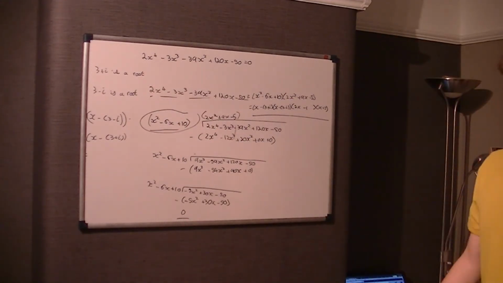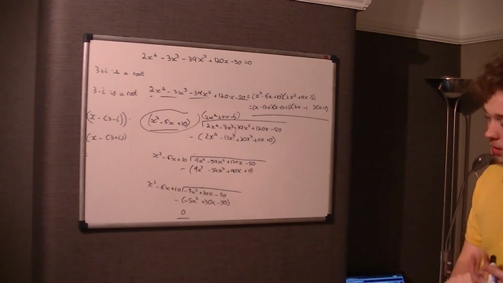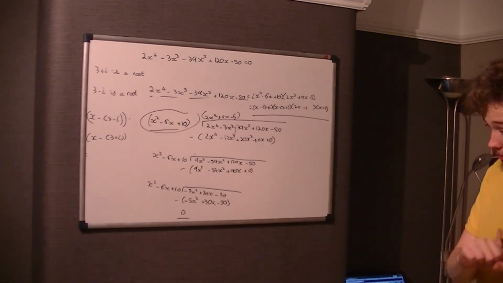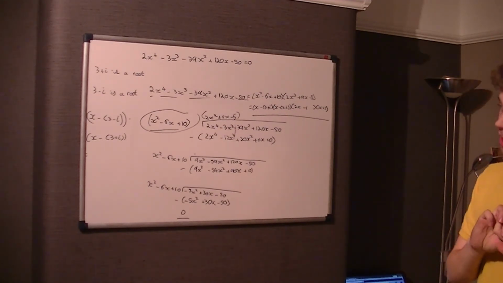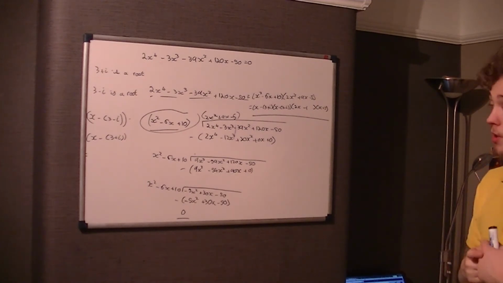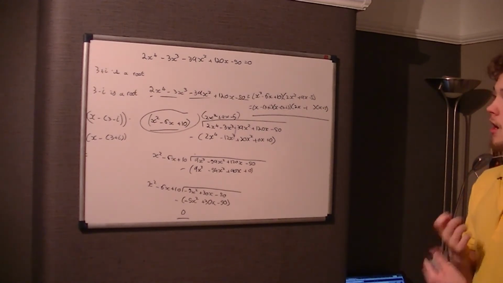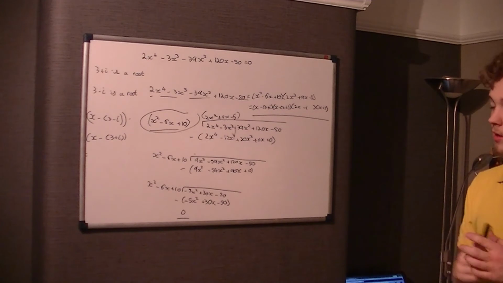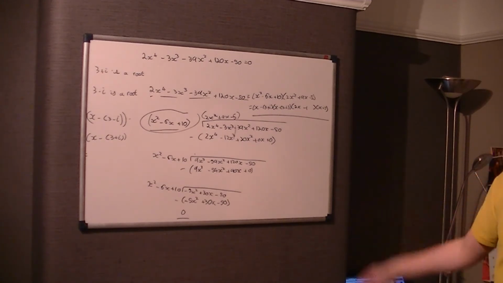Okay, so that's a summary. They're the two types of questions you're likely to get. So you're either likely to be given a complex conjugate pair or a complex number, and so that's a root of the quartic, and you could obviously just do what we've done here.